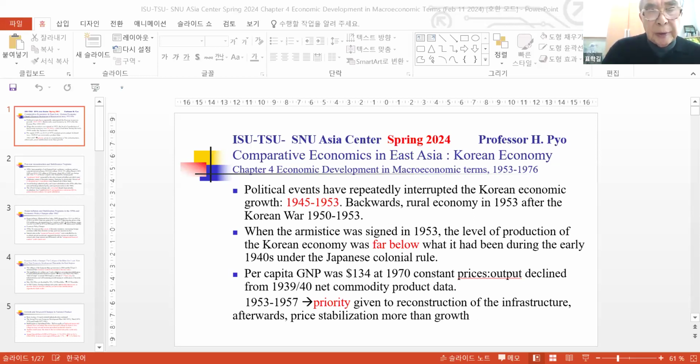But there was a chaotic situation because the northern half was occupied by Soviet troops, and the Kim Il-sung regime was establishing the DPRK, the Democratic People's Republic of Korea.